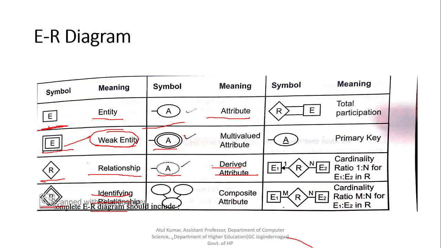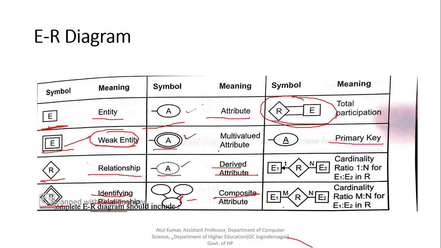Next we have composite attributes, so when ellipses emanate from another ellipse, then it is a composite attribute. Next we have total participation for a weak entity, and this one is represented with this kind of symbol.